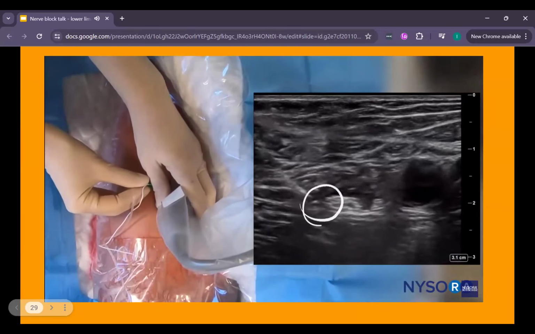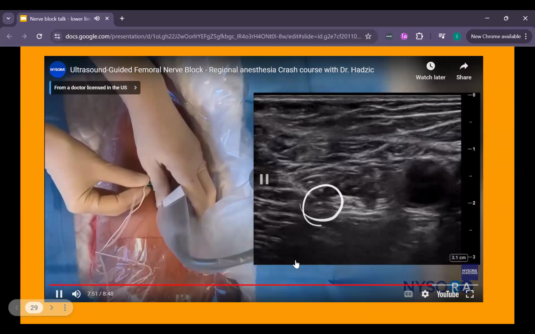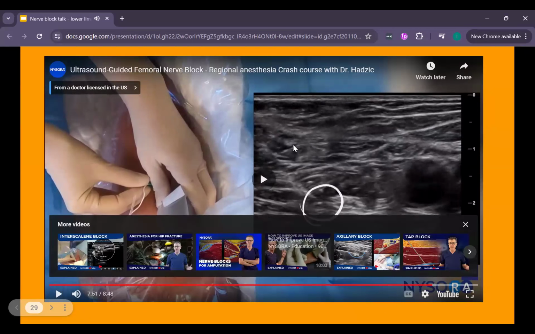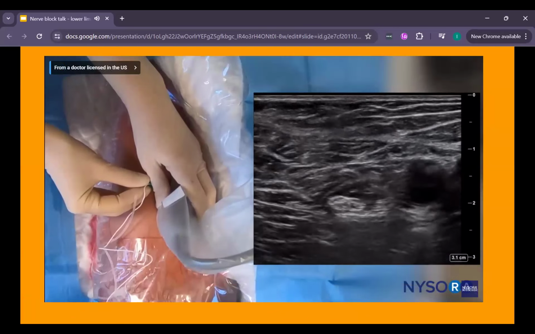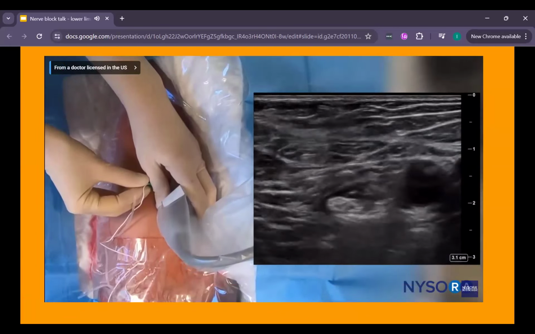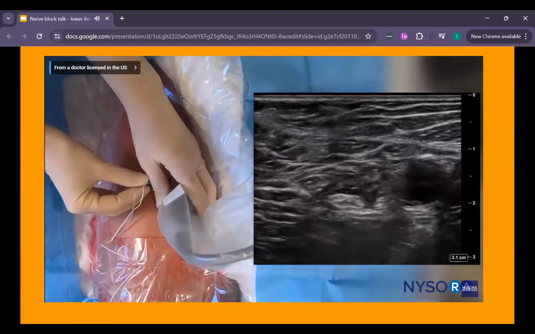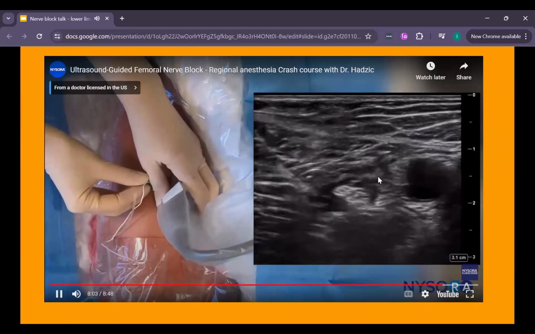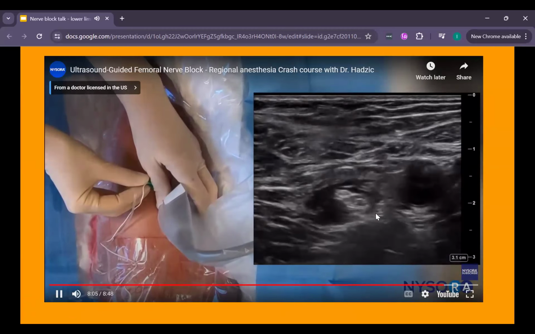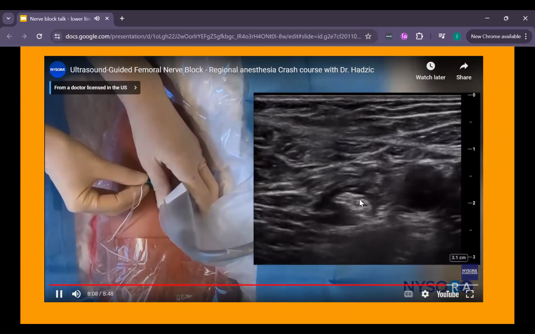And again, using a combination of ultrasound and tactile feel will go a long way to a successful block. So you can see that local anesthetic is going to completely envelope this nerve, which is perfect.